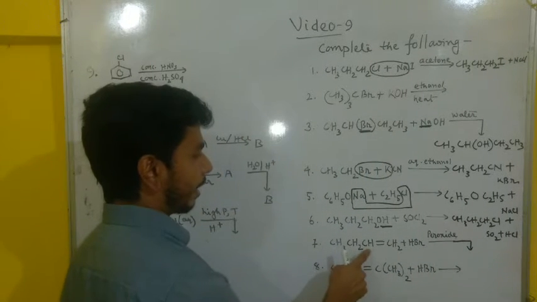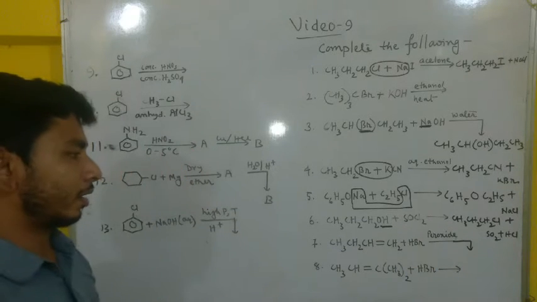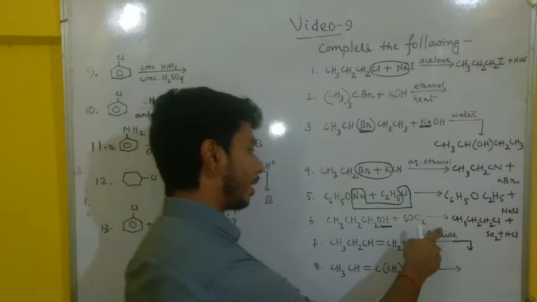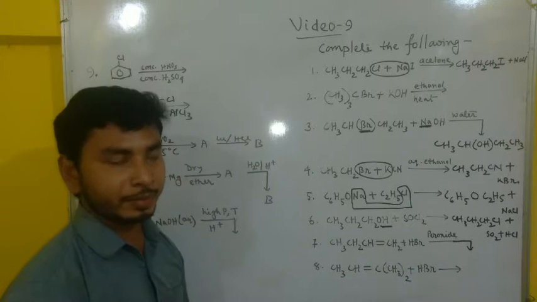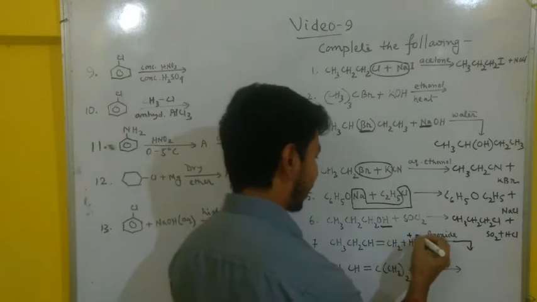CH3CH2CH=CH2 plus HBr in presence of peroxide. HBr in presence of peroxide gives the anti-Markovnikov's rule. H plus Br minus, the negative part is Br.